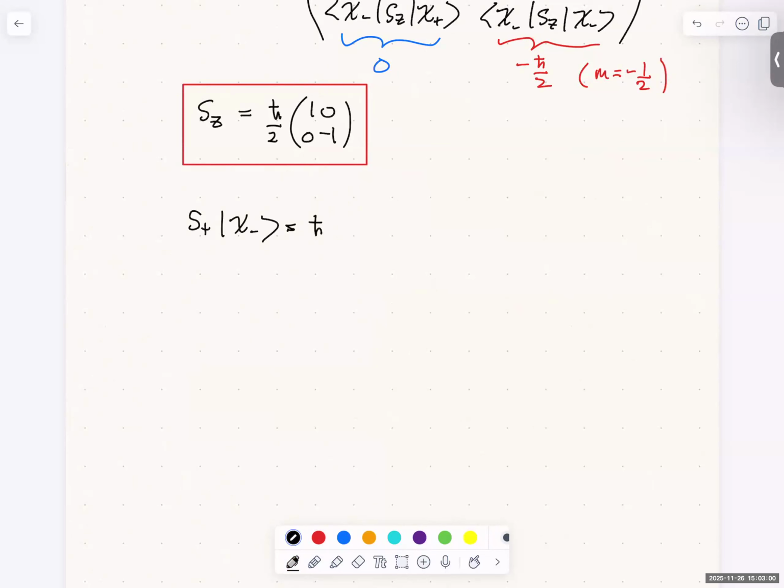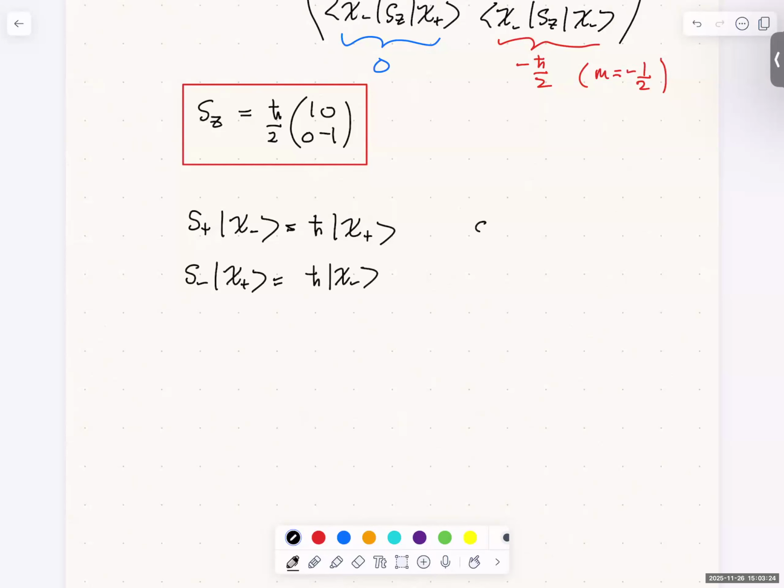And it increases the eigenvalue by h bar. So we get our h bar, and then we get chi plus. Same thing, if we had the lowering operator acting on the spin up state, it takes m down from plus a half to minus a half.